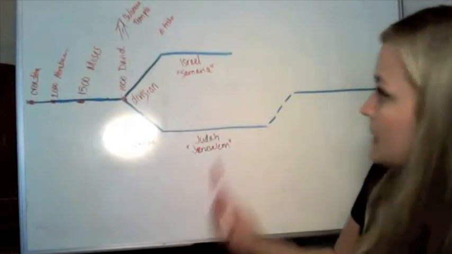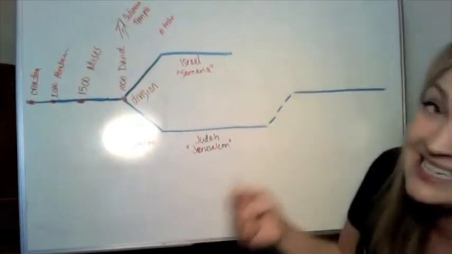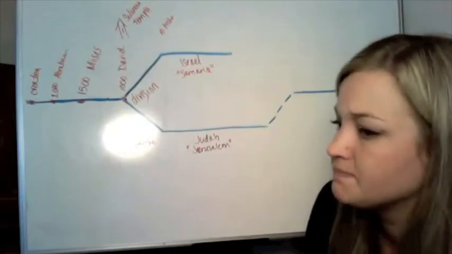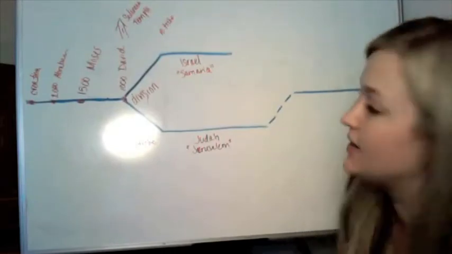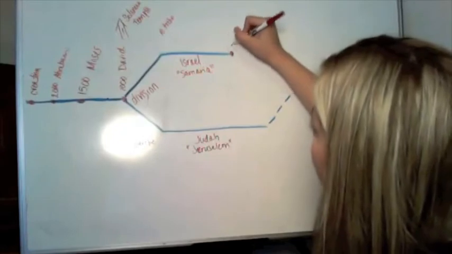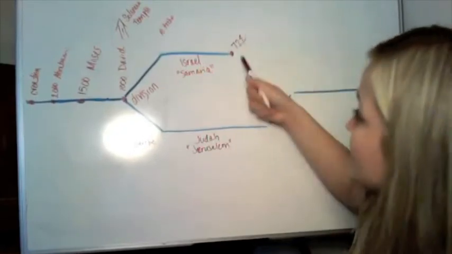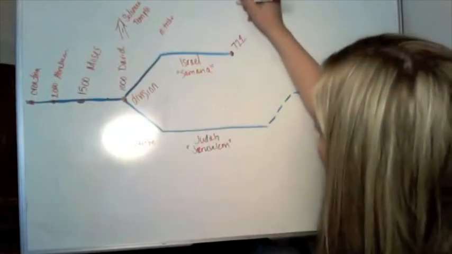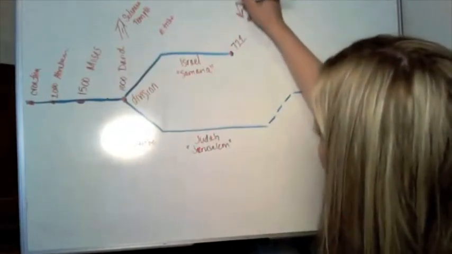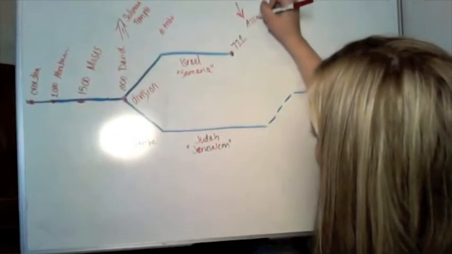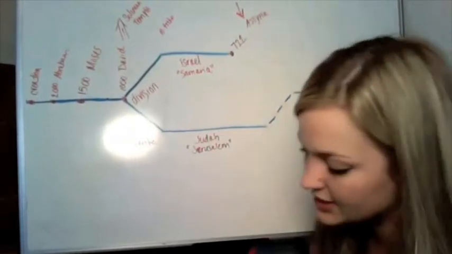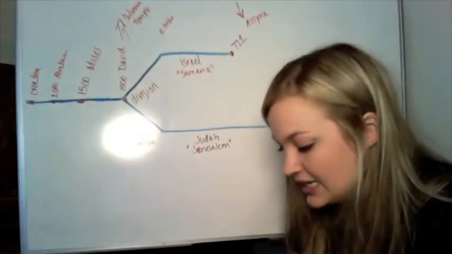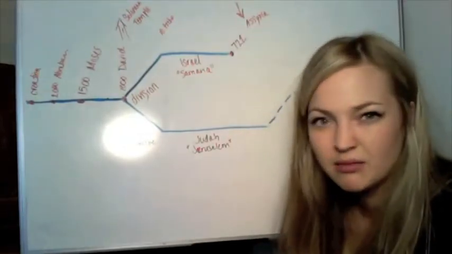Okay, so the next thing we want to do is write dates. The dates are pretty important for you to remember, so try to memorize them as best as you can. This date here is 722, and that is the year that the northern kingdom fell, when Assyria came down. Assyria was led by Tiglath-Pileser.